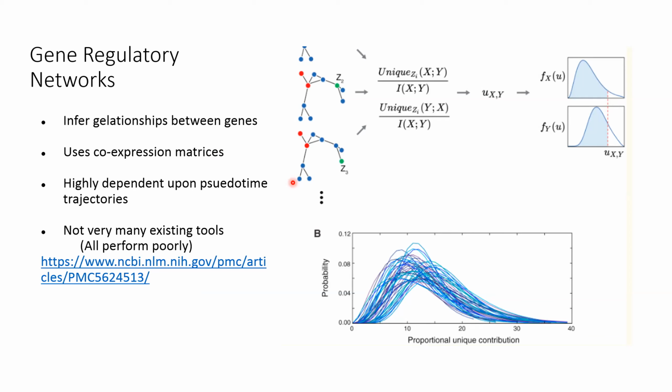So not a ton of tools have been developed for this, and based on comparison to real time course data and known regulatory networks, none of the tools perform well. However, this kind of analysis is gaining popularity in multimodal data, where researchers try to map changes, particularly in chromatin accessibility, with changes in gene expression profiles at the single cell level.